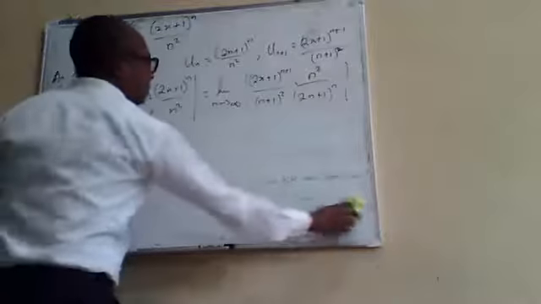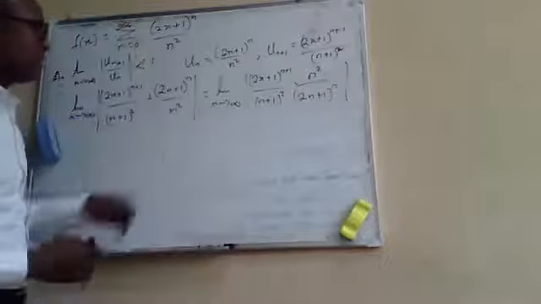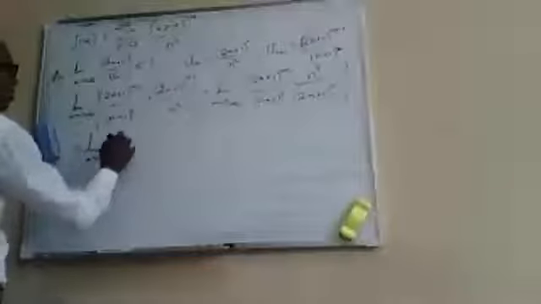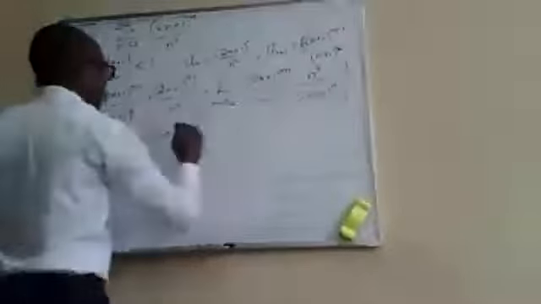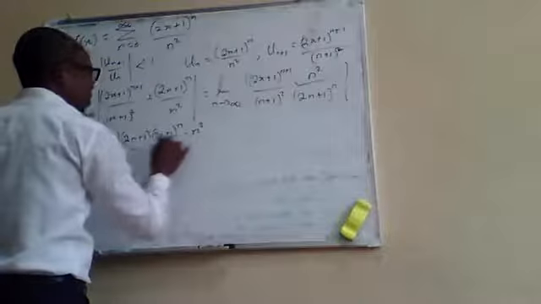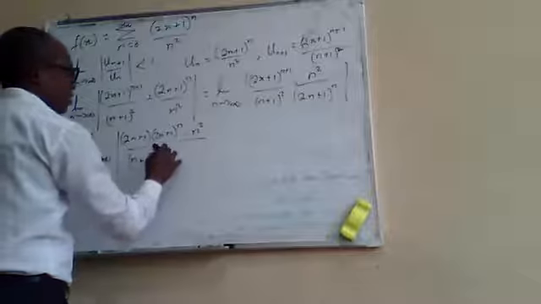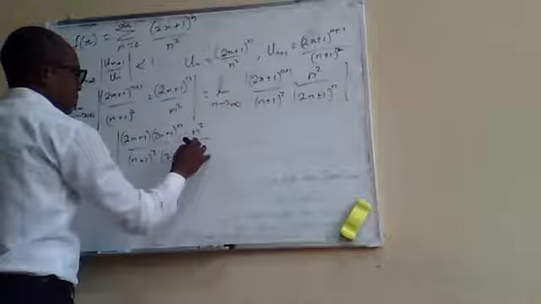So we have that. The next thing from here, I can split this into two, so that I have the limit as n tends to infinity of (2x+1)^(n+1) over (2x+1)^n, then n squared over (n+1) squared.